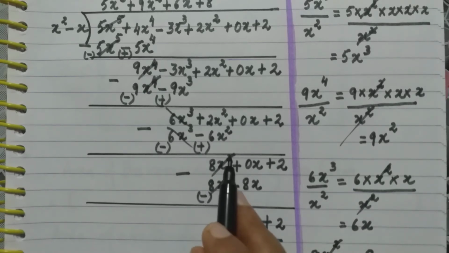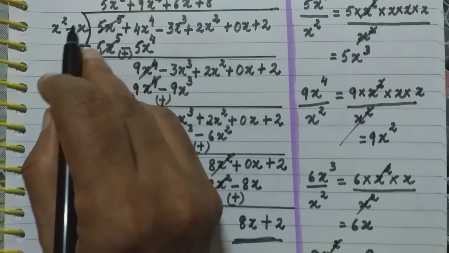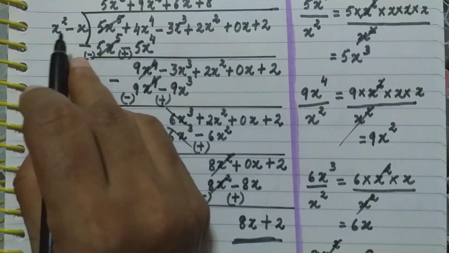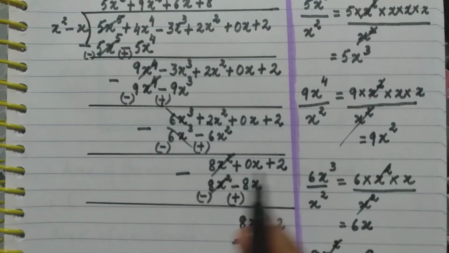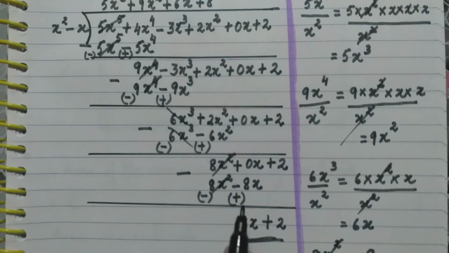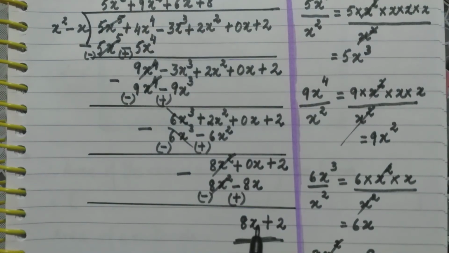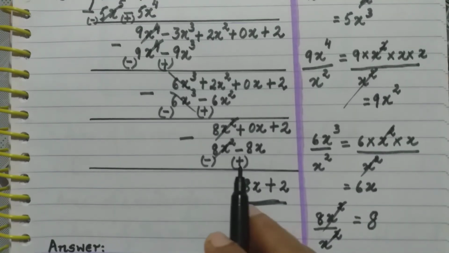Here 8x square it was. So the degree of the divisor is 2, and of this also it is 2. So when they are equal, we can continue dividing. Only when the degree of the remainder becomes less than that of the divisor, we stop dividing. Okay, now this is the remainder.